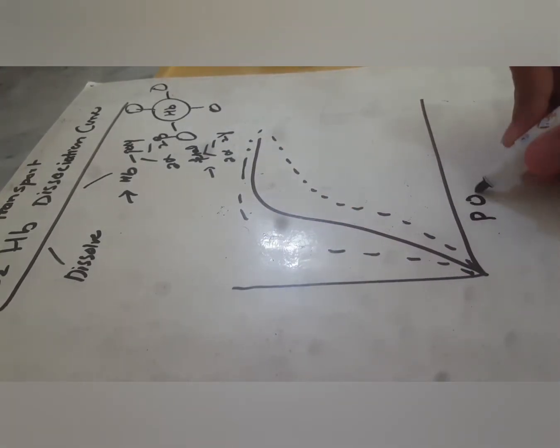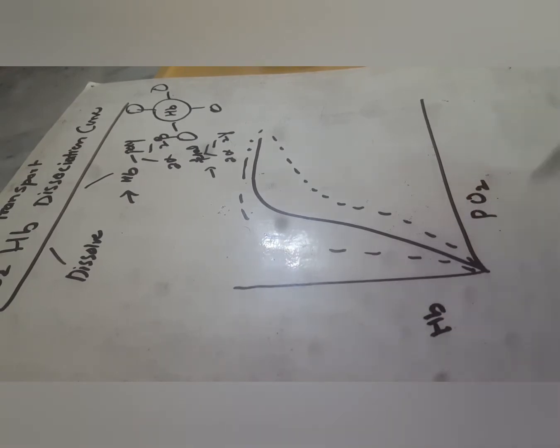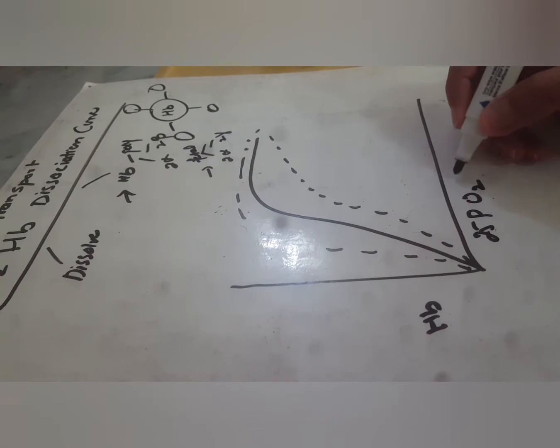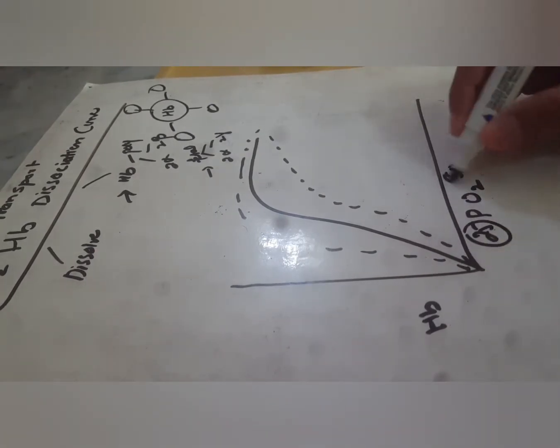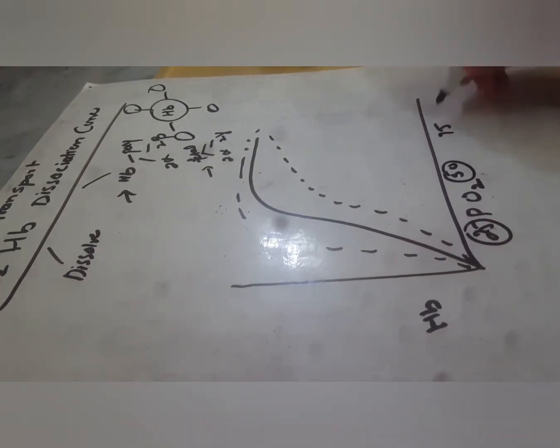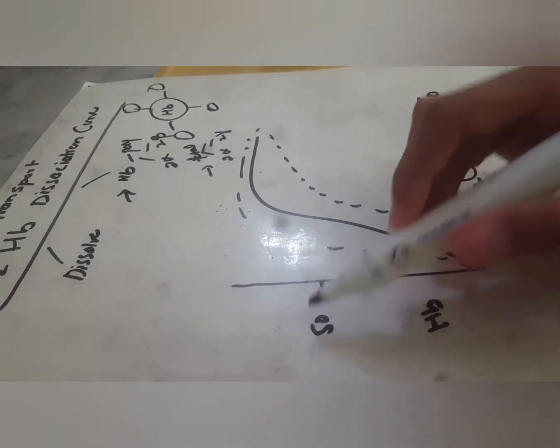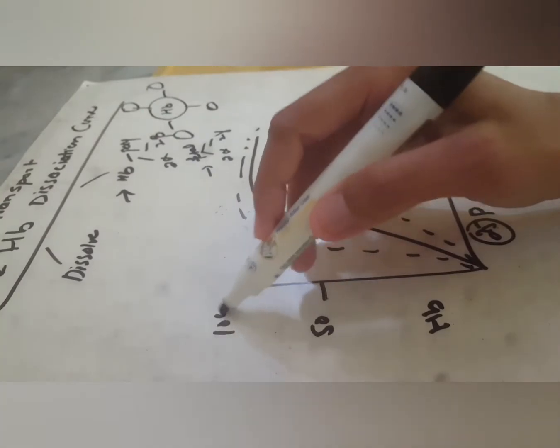This is the oxygen and this is the hemoglobin saturation rate, right? Here we have 25, then 50, then 75, then 100. Here this is 50 and this is 100, right?